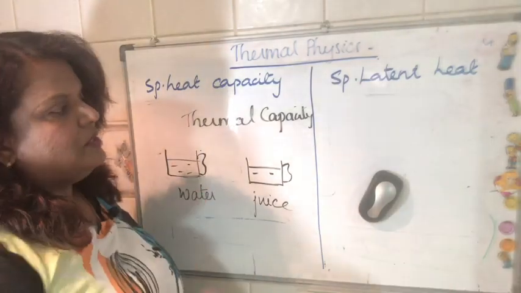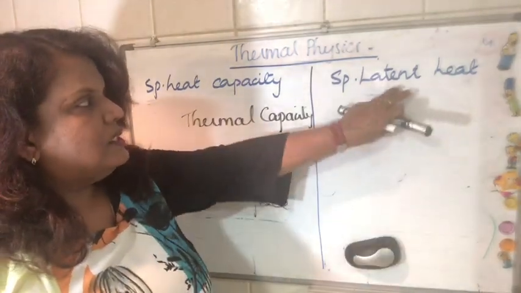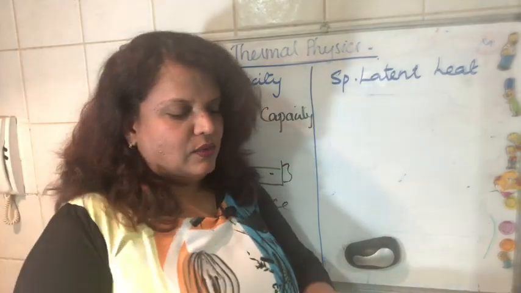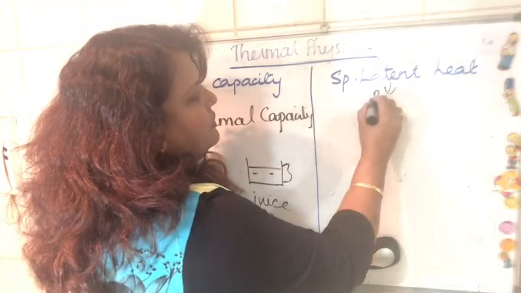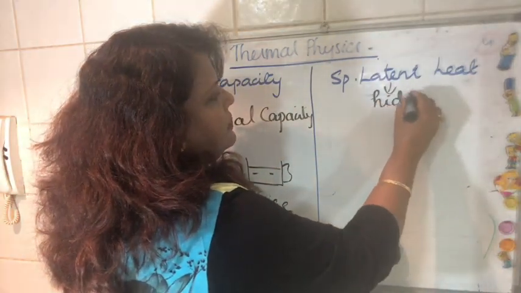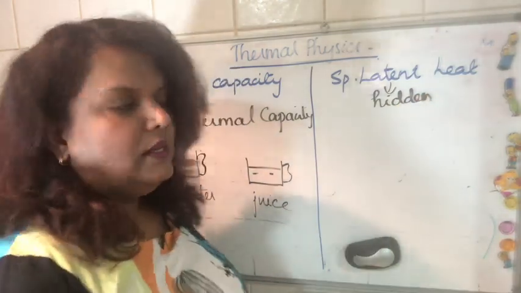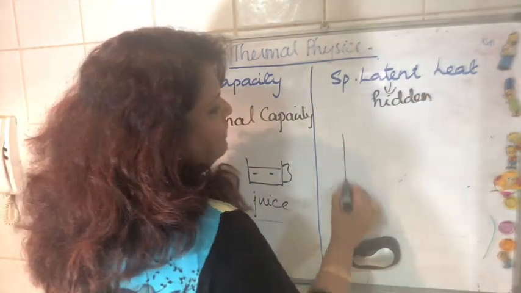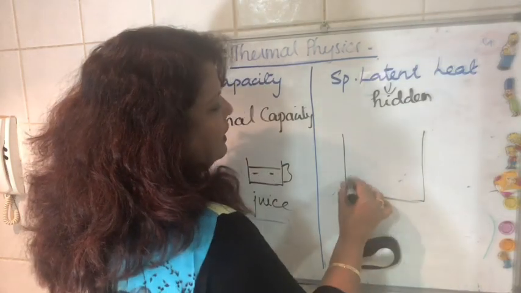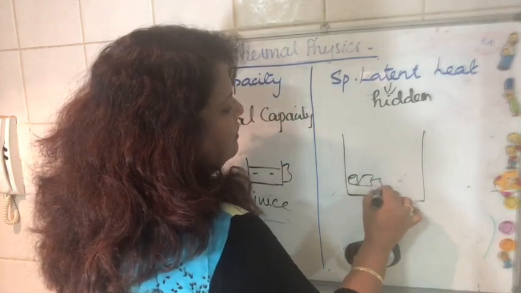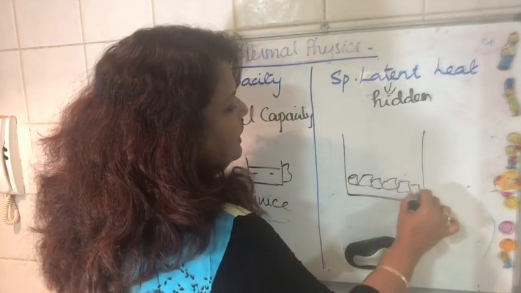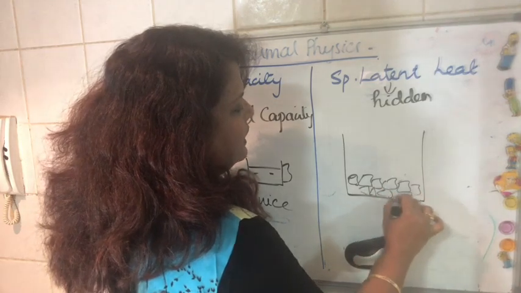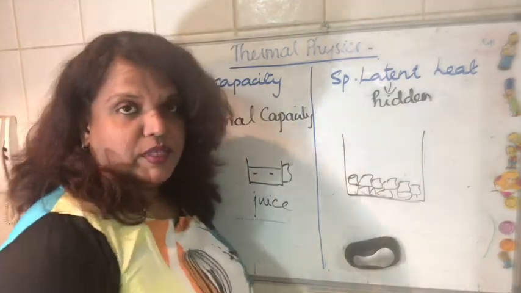Alright, now the definition, I'll come to it. Now, how does it differ from specific latent heat? The meaning of the term latent itself is hidden heat, right? Now what is that? If I take a block of a few ice cubes, leave it outside, and use a thermometer to test the temperature.